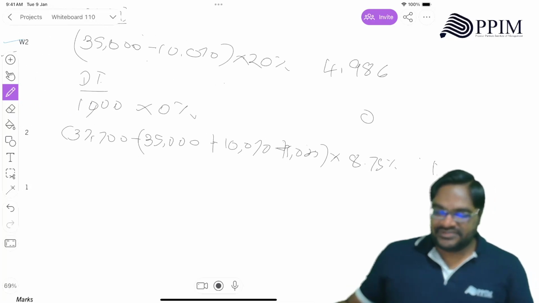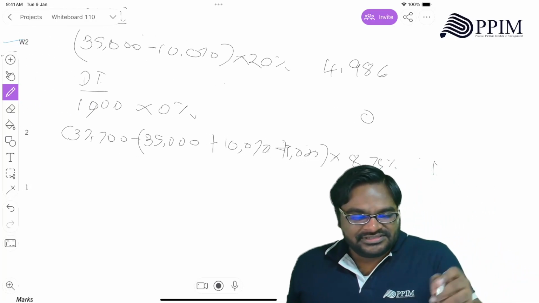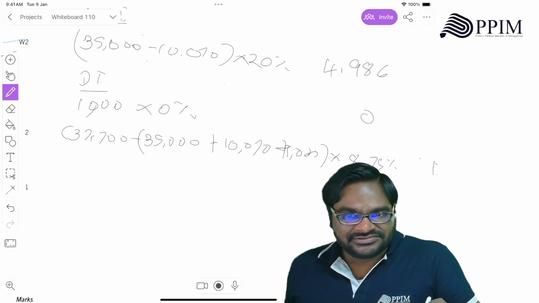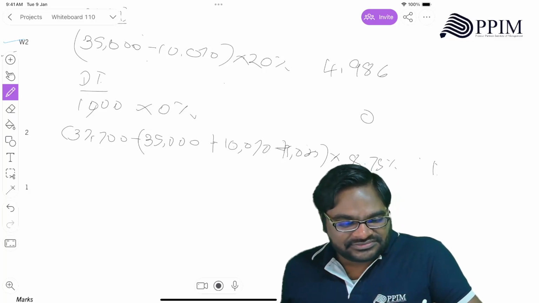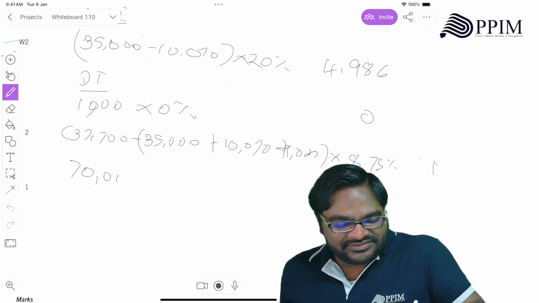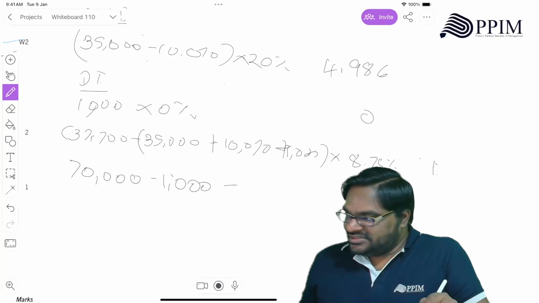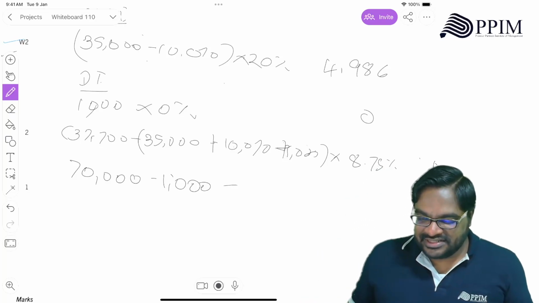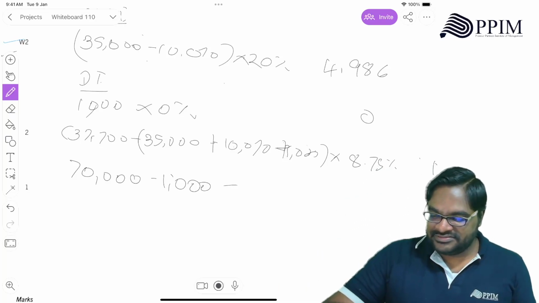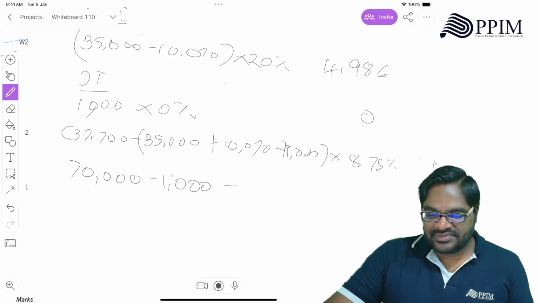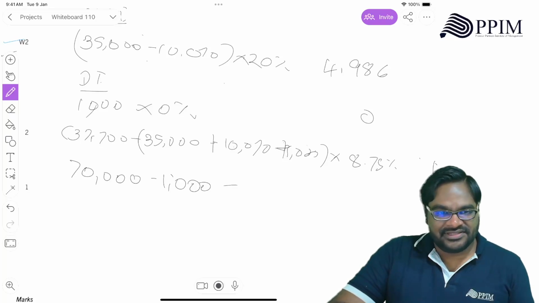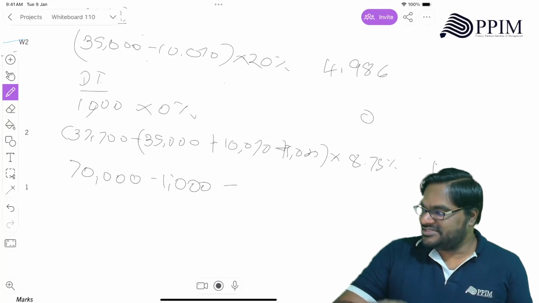Then the balance we need to get under the higher rate. So overall 70,000 was the dividend. From 70,000 we have already taken 1,000, and then we took something else, right? What's the gap here? The amount here, 11,000 something we kept, right? 11,770, yes.